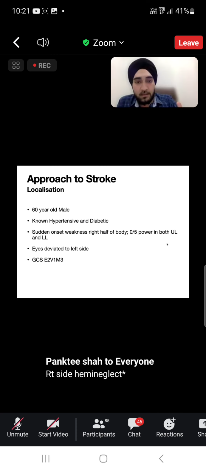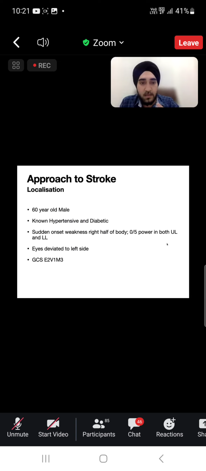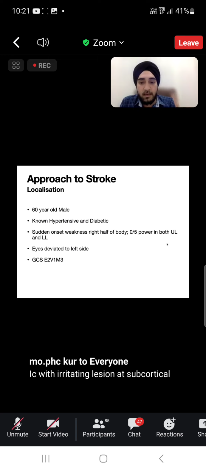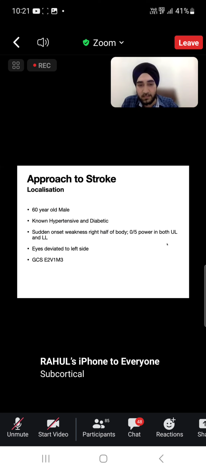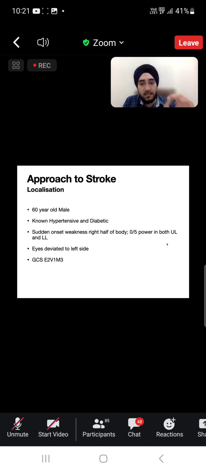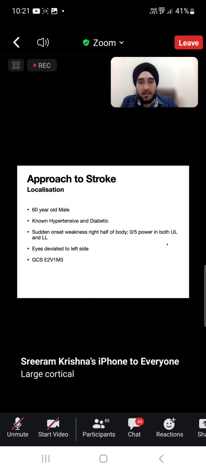Number one, if you have to learn one thing from this class: you should not make a diagnosis of internal capsule involvement in a patient who has a comatose state. See, internal capsule involvement means that the patient, even with a small stroke, will have dense hemiplegia. If it is a large stroke, it is not an internal capsule infarct.